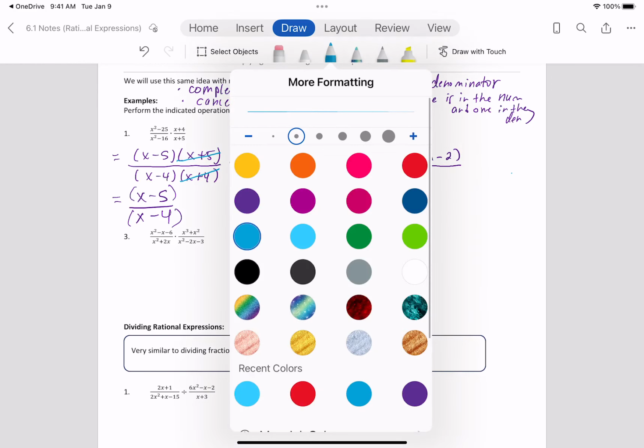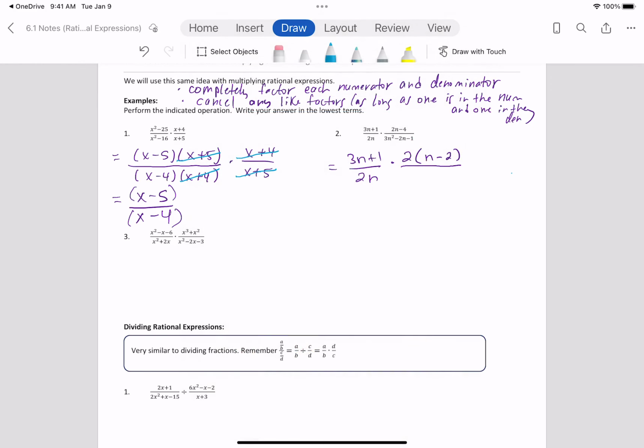And then for that second one, the denominator, if you need to do scratch work, go over to the side. Don't do it in line with the problem. So this one is a trinomial with an a that is not equal to 1. So we would look at a times c is 3 times negative 1 is negative 3.